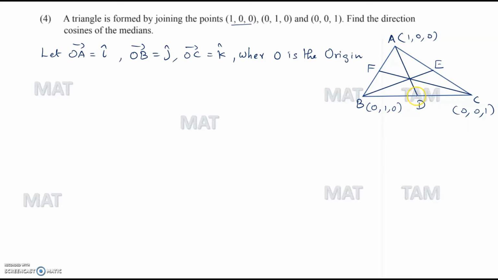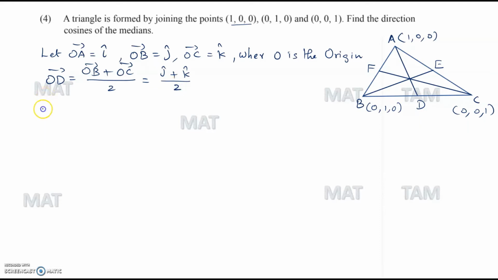Now for AD, the point D is the midpoint of B and C. Therefore, by section theorem, we can say that OD is equal to (OB plus OC) divided by 2, which is (j cap plus k cap) divided by 2.